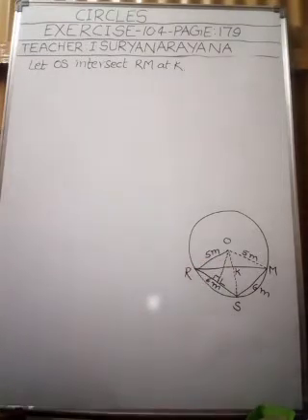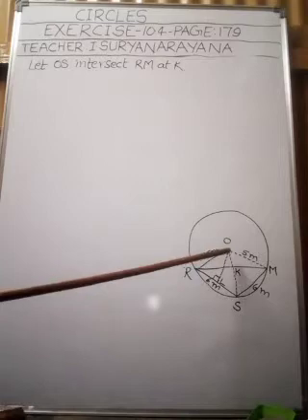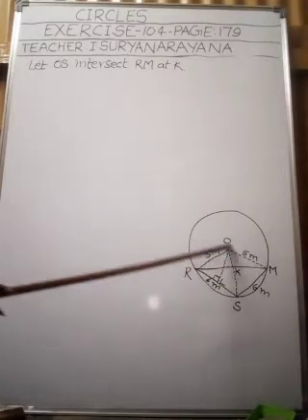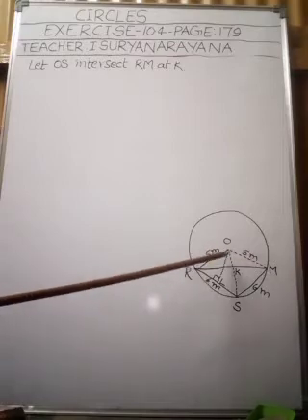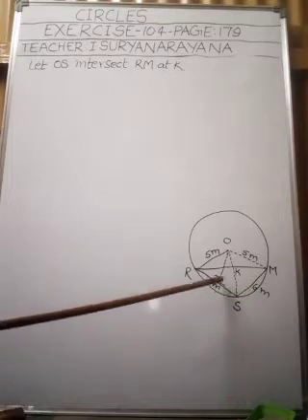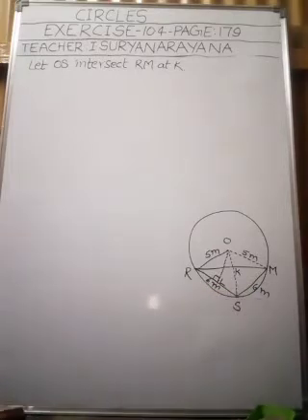Now, if you observe this quadrilateral ORSM, this is a kite because these pair of adjacent sides are equal. Here 6 meters, here 6 meters. These are also equal.